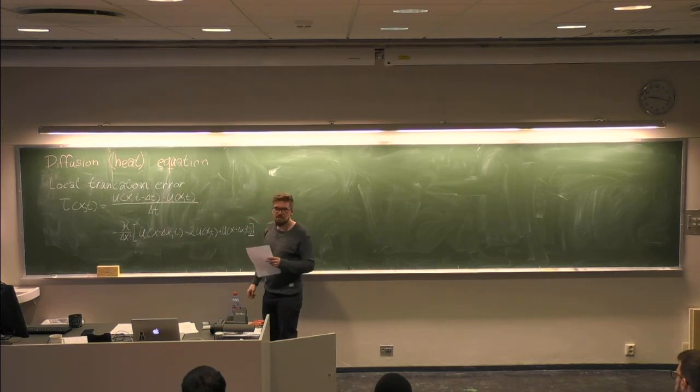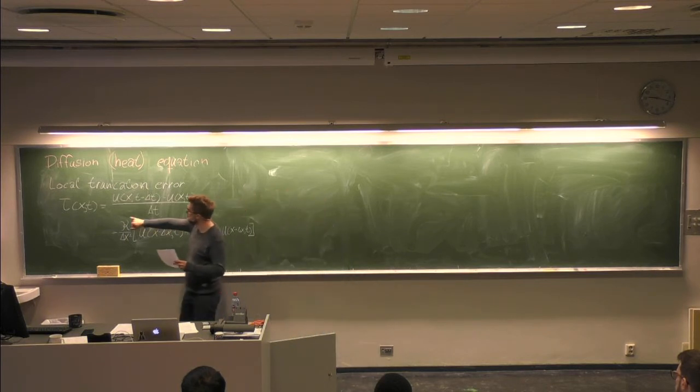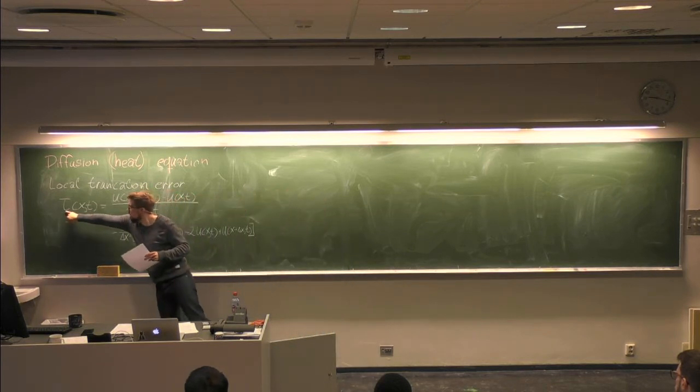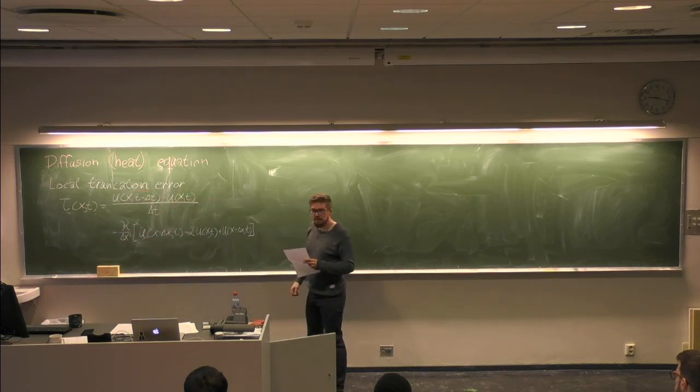So then I briefly mentioned that we should assume that we're able to differentiate this tau, which means that we are going to do a Taylor expansion.